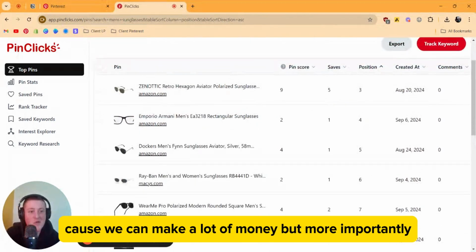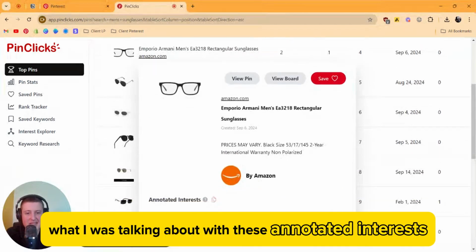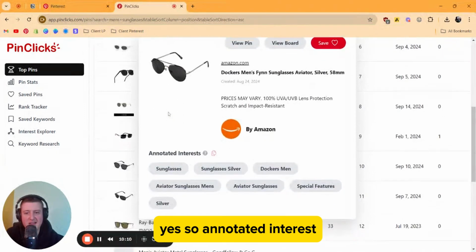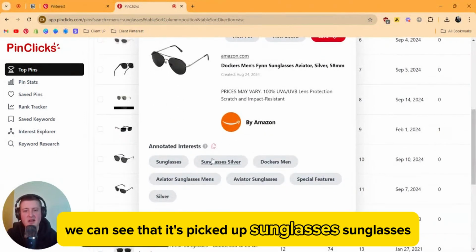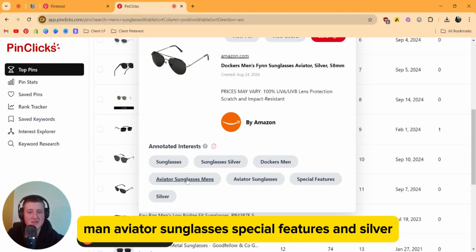But more importantly, we can start to see what I was talking about with these annotated interests. So if I go over this, I wonder if it'll show me here. Yeah, so annotated interests, we can see that it's picked up sunglasses silver, Dockers men, aviator sunglasses men, aviator sunglasses, special features, and silver.